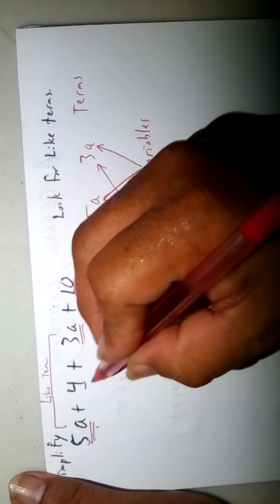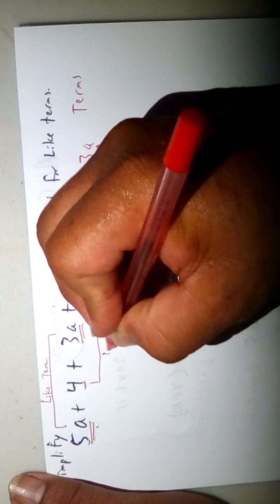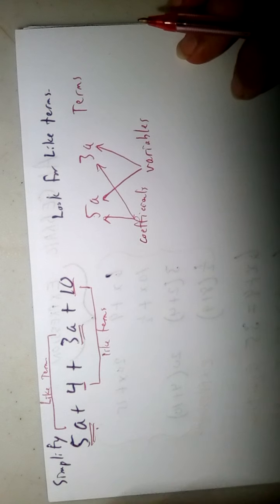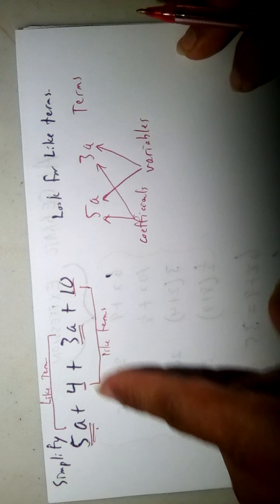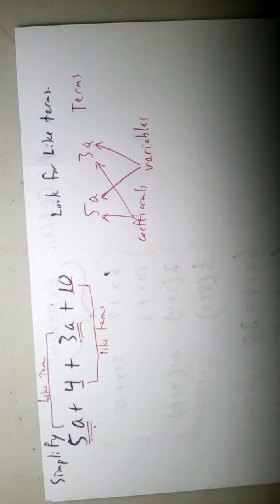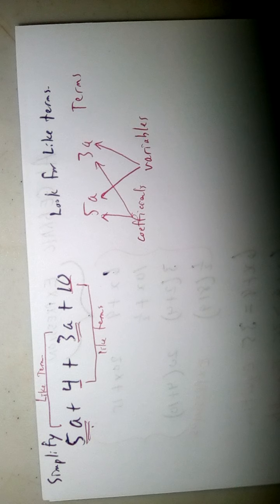And then we can also combine the 4 and the 10, because they are like terms. So the 5a cannot be combined with the 4, but the 5a could be combined with the 3a, because they are like terms, so that they can be combined, and that is the key component there. So we're now getting to the like terms understanding.